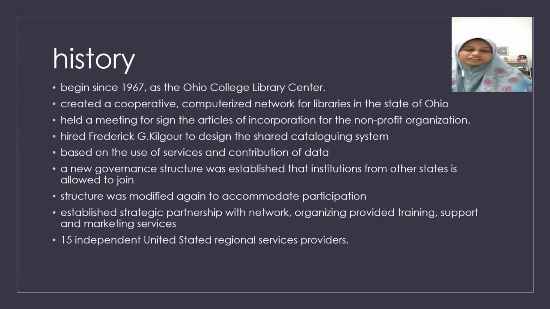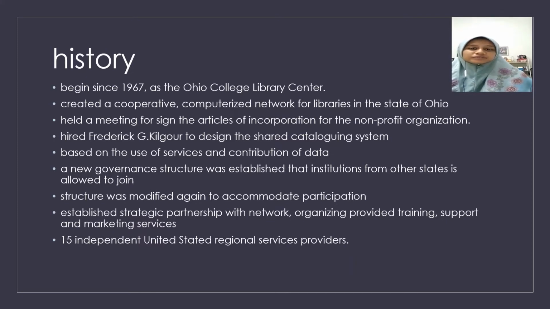Next is the history of OCLC. OCLC began in 1967. First it was known as Ohio College Library Center, but in 2007 it changed to Online Computer Library Center. OCLC was a collaboration of university presidents, vice presidents, and library directors.